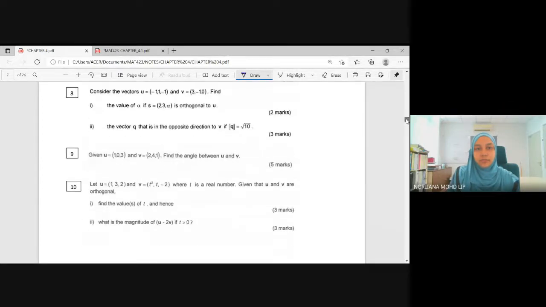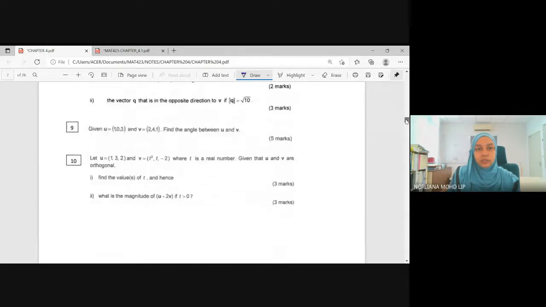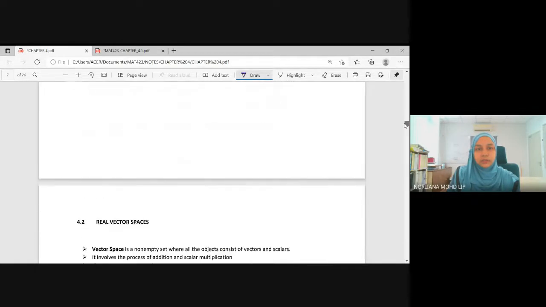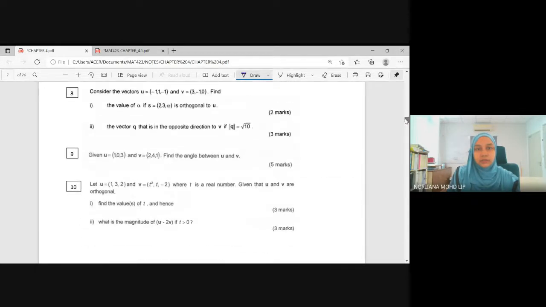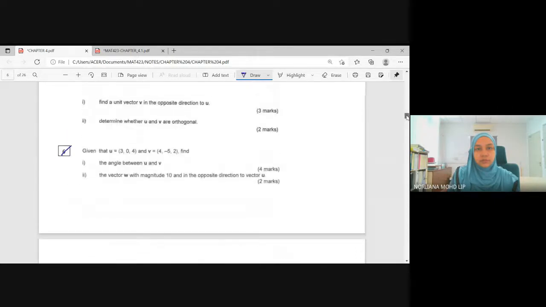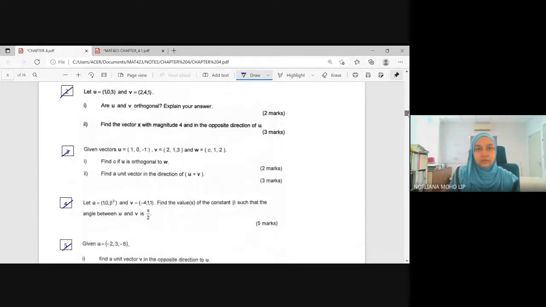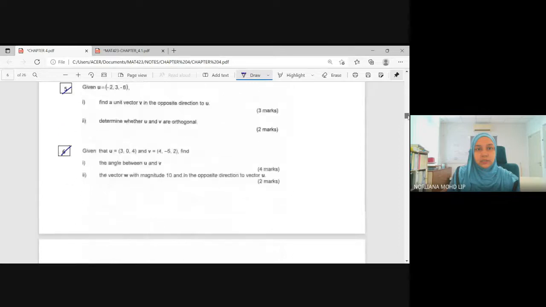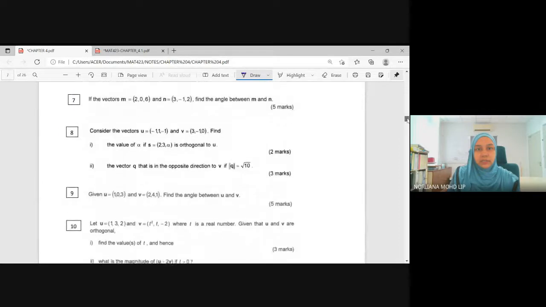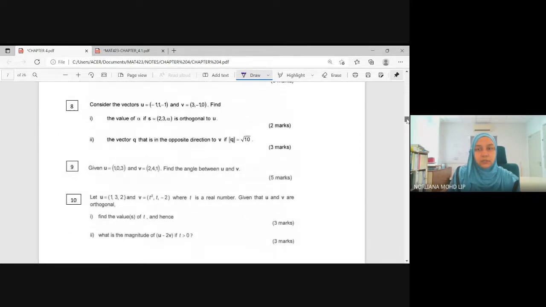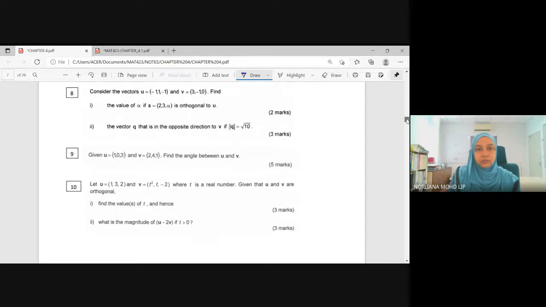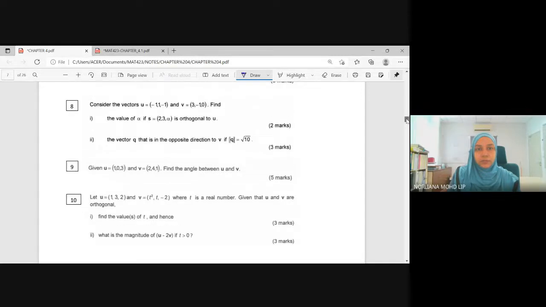Boleh try lah ni semua, 10 soalan. Nanti saya akan set lah dalam group tutorial Google Classroom soalan apa yang perlu you all submit.